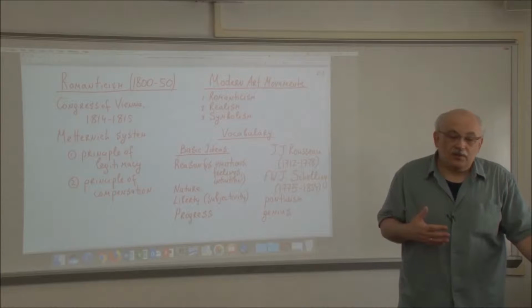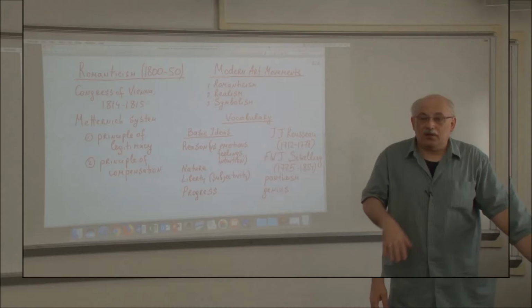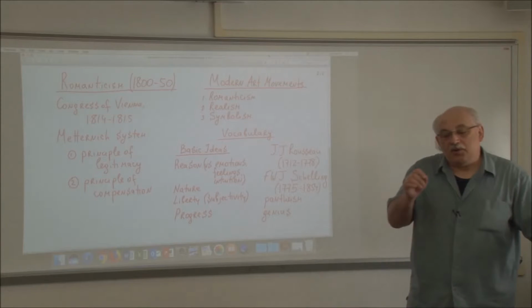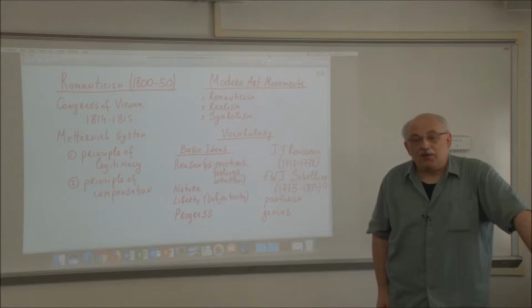Enlightenment thinkers wanted to be as rational as possible, and therefore they rejected anything that goes beyond reason, anything that is supernatural. Romantics are reintroducing the supernatural dimension into their art. And here we come to one interesting feature of Romantic art. Romantic art is often escapist.